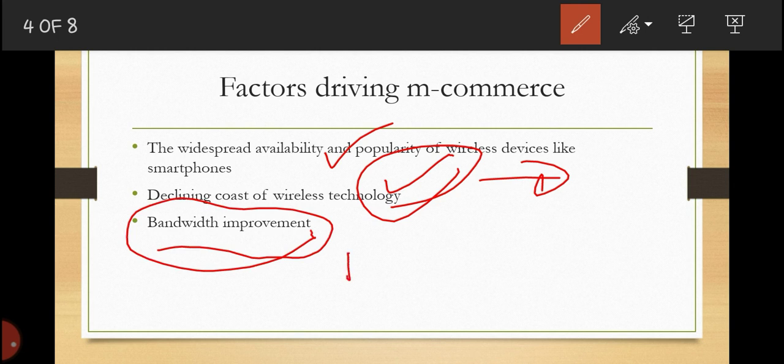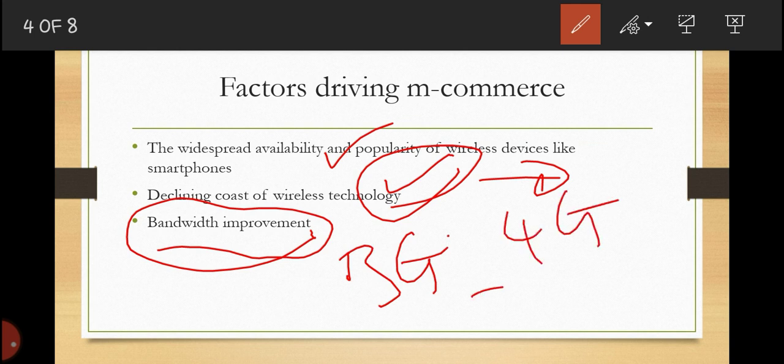We had 3G technology, now we have 4G technology, and in the coming few years we'll have 5G technology. So this bandwidth improvement increases the speed of data transmission, and hence it is a driving force for mobile commerce.